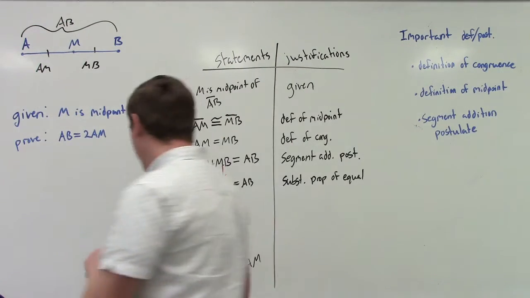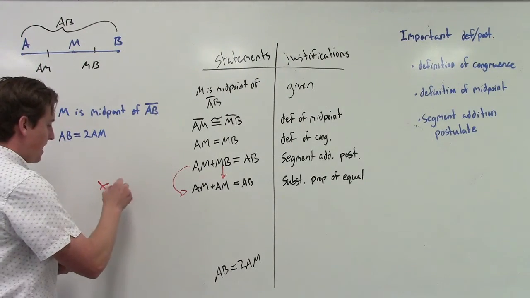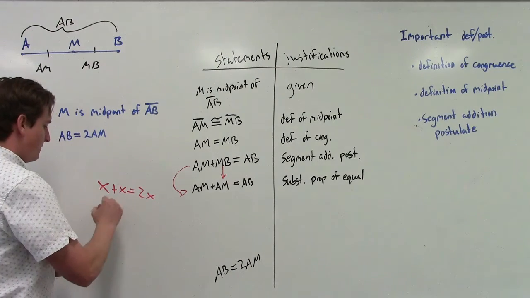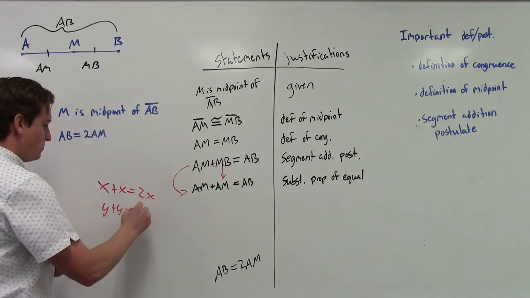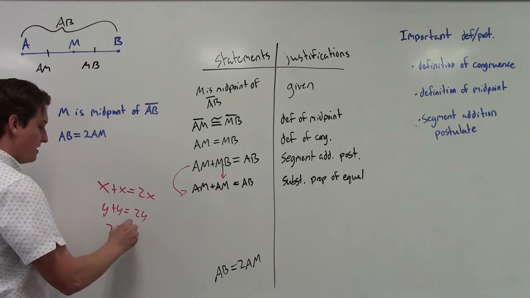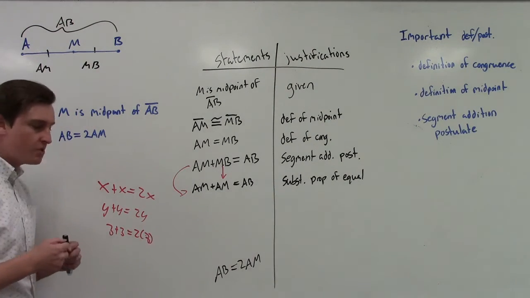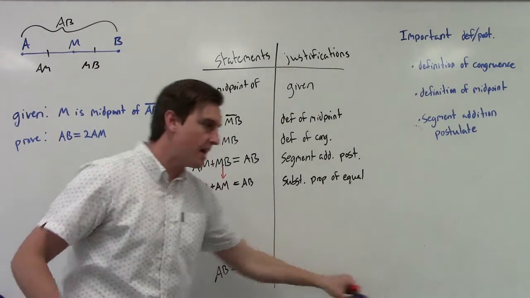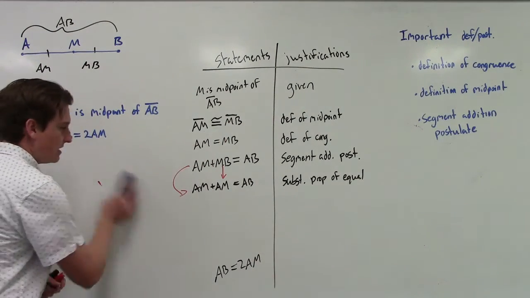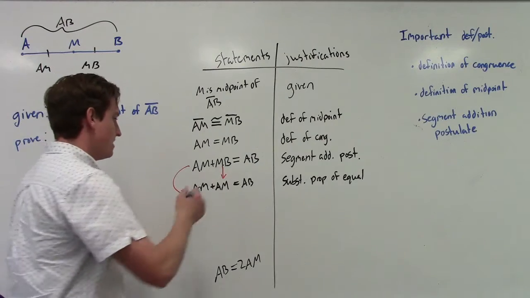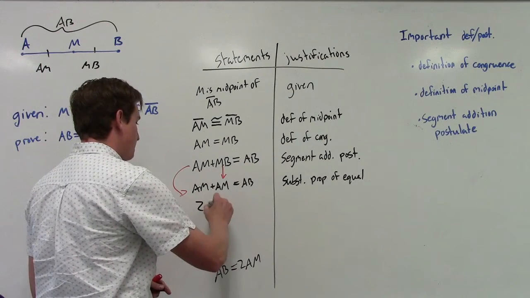Well, if I have two things that are similar, like x plus x, that's 2x, right? If I have y plus y, that's 2y. If I have 3 plus 3, that's 6. That's the same thing as saying 2 times 3. Right? So if I have two of the same thing and I'm adding them together, what I'm going to get is two of them. So I can say that this is 2 times AM.